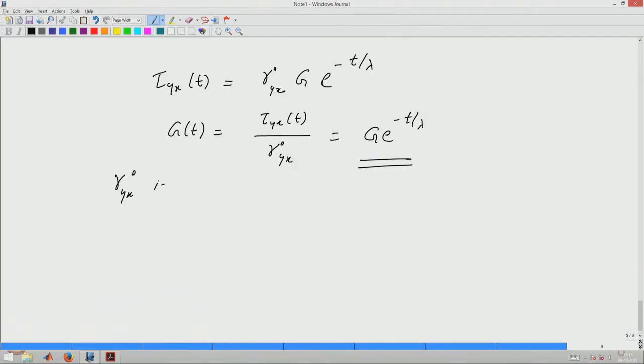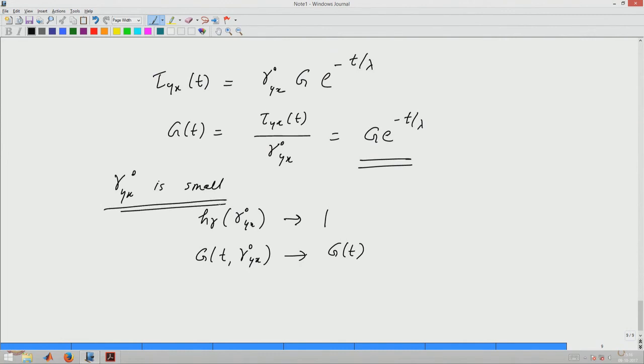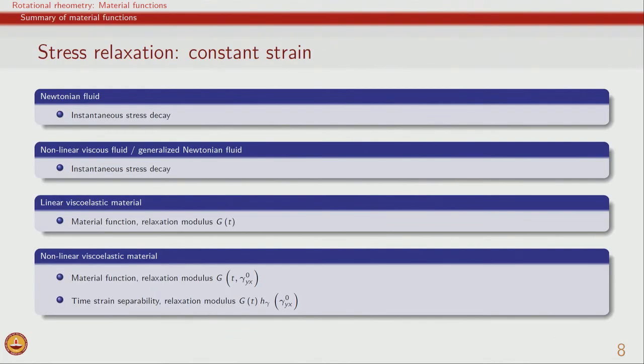So, when gamma yx naught is small, H of gamma, which is a function of gamma yx, will tend to 1, and therefore, G will tend to just G of t, which is the linear viscoelastic response, and linear viscoelastic response is observed whenever we have strain to be very small. So, therefore, now we have looked at 2 of the material functions and reviewed them. In the next segment, we will review the remaining material functions.